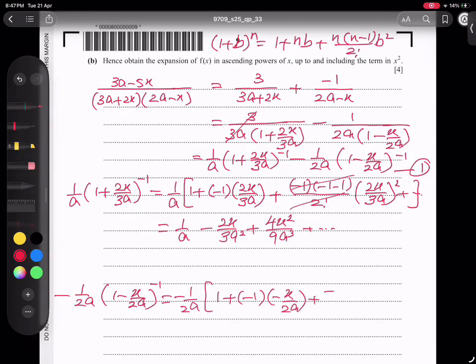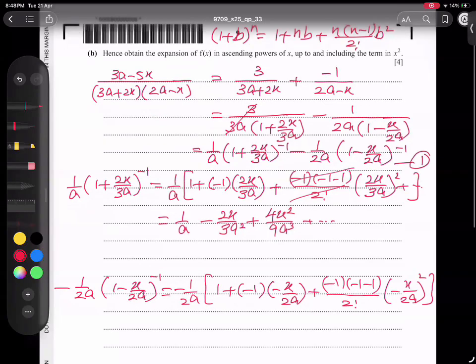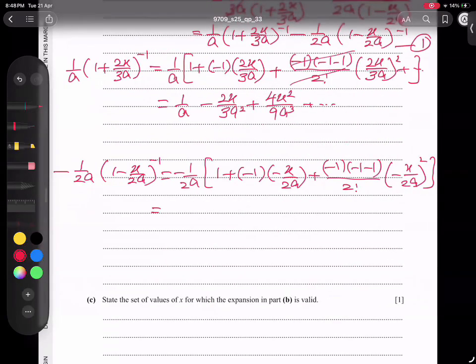Plus n into n minus 1 over 2 factorial into square of negative x by 2a. And after that, I got this plus x by 2a. This cancels out, and I'm getting x square over 4a square.